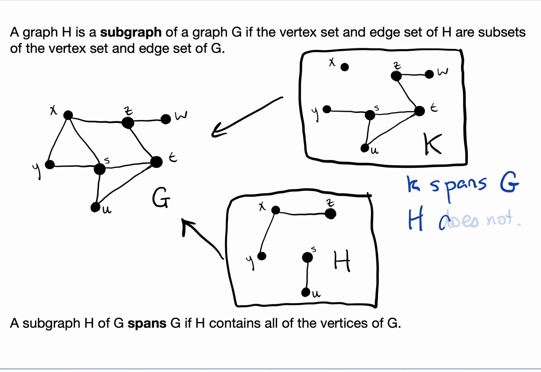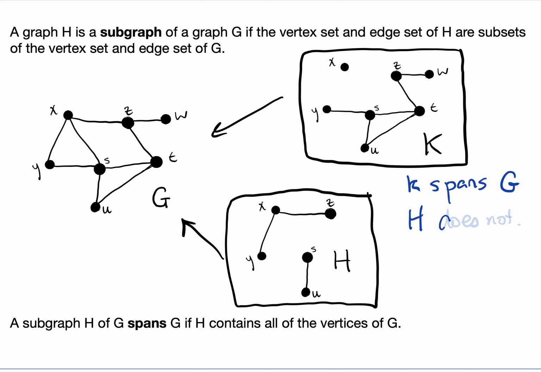If H is a spanning subgraph of G and H is a tree, a connected graph with no cycles, then H is called a spanning tree of G. So we see that T1 and T2 are each spanning trees of G. They contain all of the vertices of G, so they span G, and they are each trees, they are each connected graphs with no cycles.